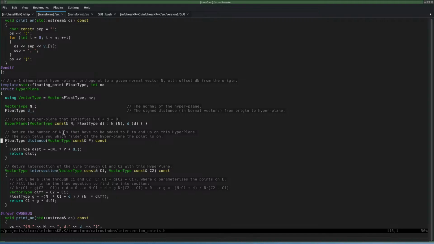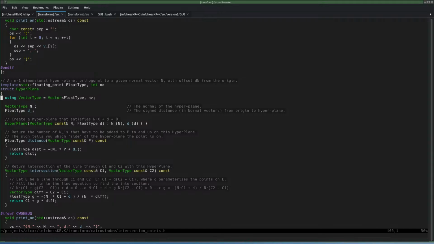Here, that distance calculated the dot product between n and p plus d negative. But it just returns it in terms of the number of normal vectors, so the distance becomes smaller if the normal vector gets longer. But the only thing we use the distance for is to determine on which side of the plane a point lies. So only the sign is important, and the sign won't change if you make n a little bit longer or smaller. So we're just going to use all ones here.